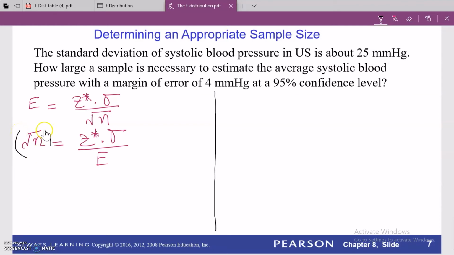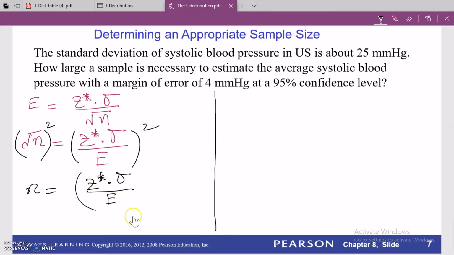The square and the square root cancel out, and we have n equals (Z star multiplied by sigma divided by E) whole squared. Call this equation number 1.